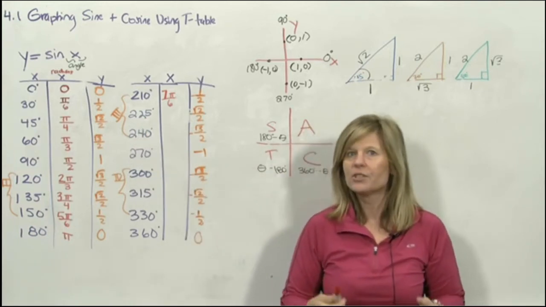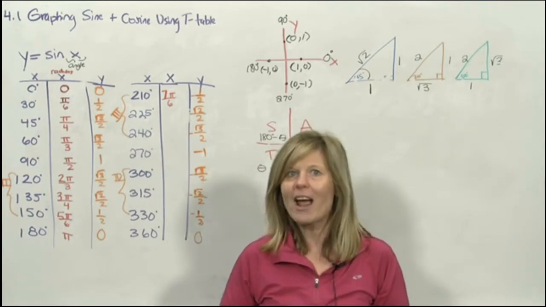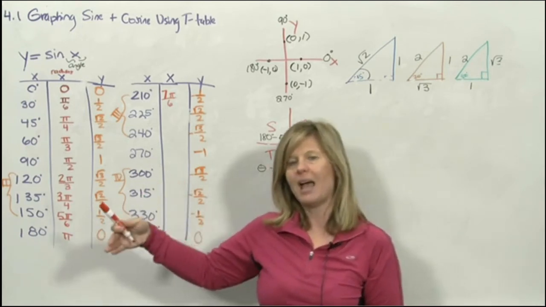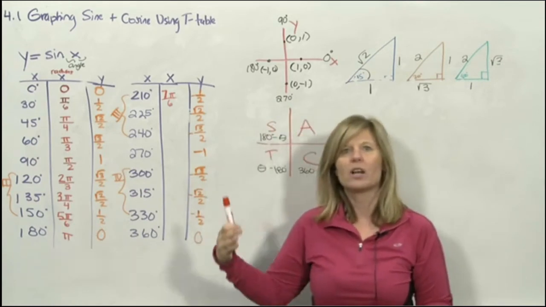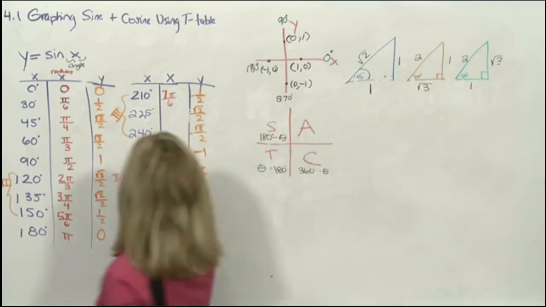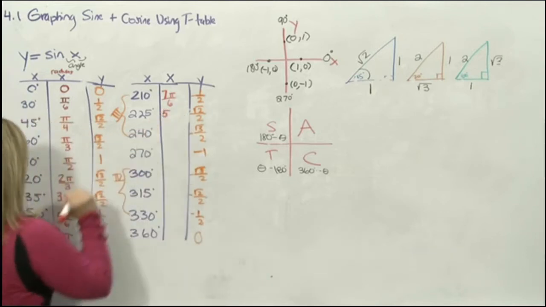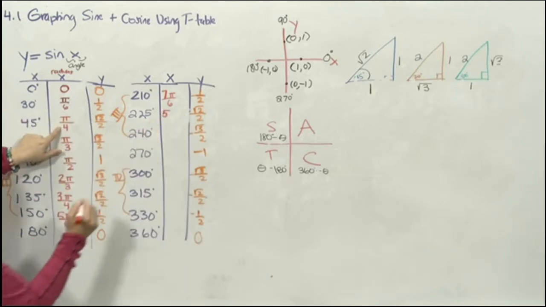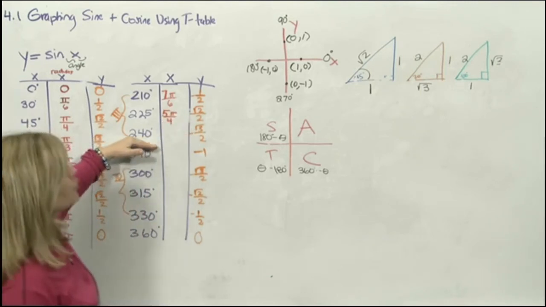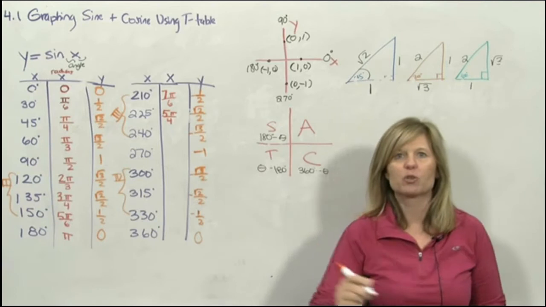225. Who is it a multiple of? That's right, 45. How many 45s would you have to add to make 225? Anybody know? That would be 5. So this would be 5 45s, and 45 is pi over 4. 240. Who is that a multiple of?